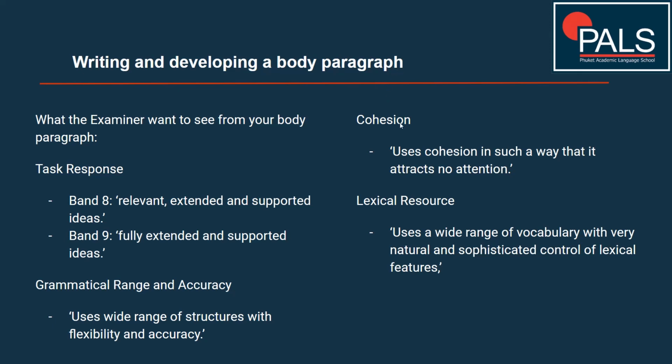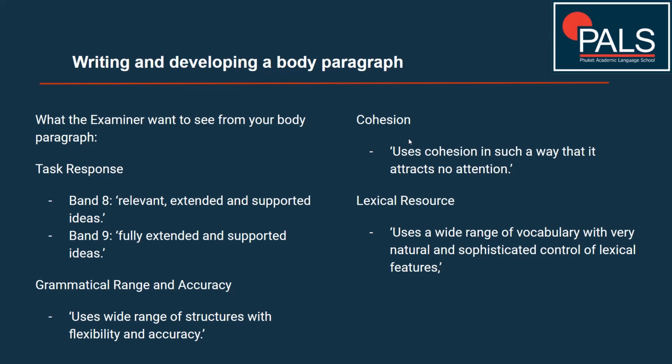Moving on, cohesion. We've talked extensively about this on the course so far. Linking everything together. Okay, linking between paragraphs and within paragraphs. Band 9 wants cohesion used in such a way that it attracts no attention. Okay, so your cohesion must sound natural. It must not sound forced.